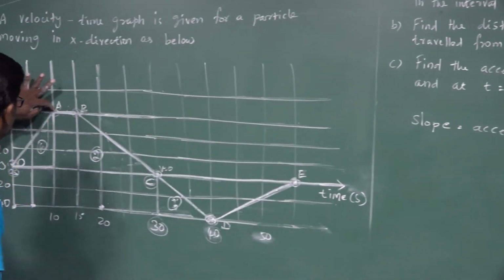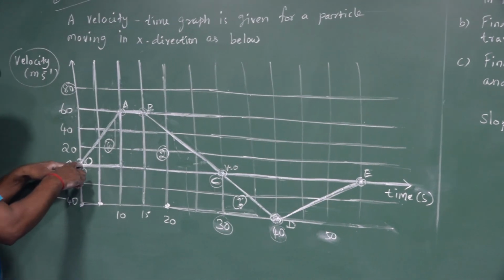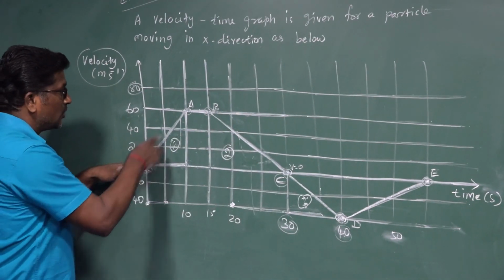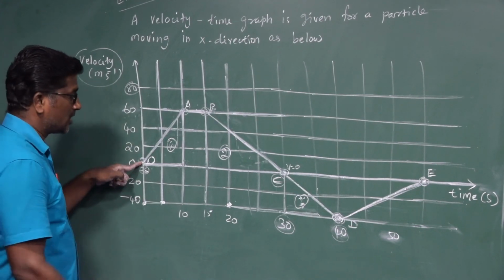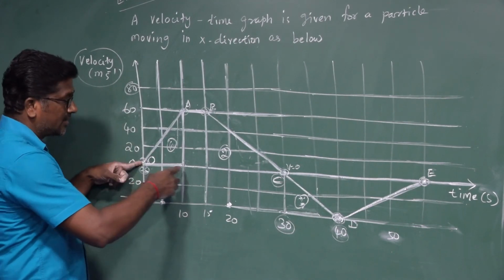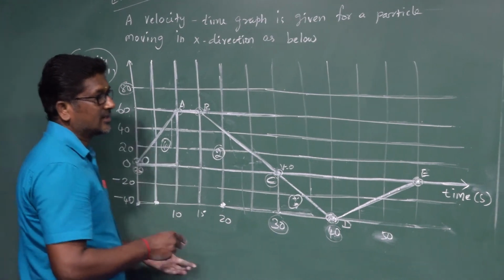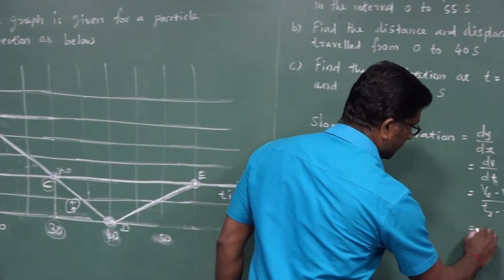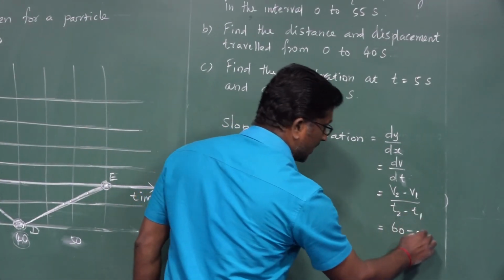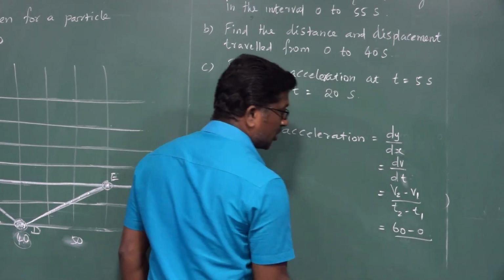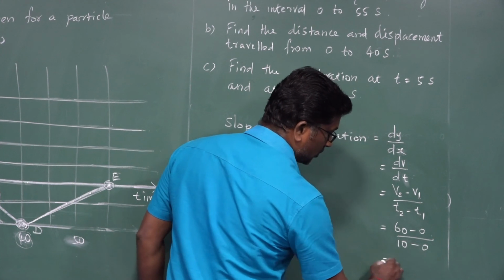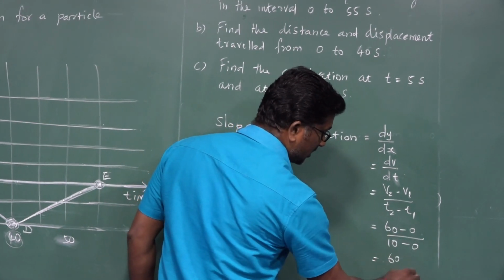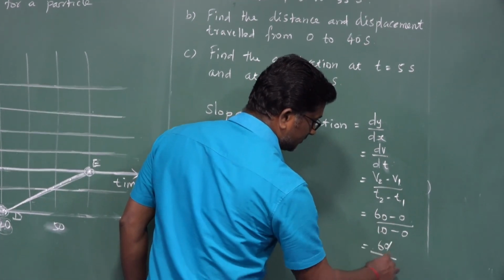So here in this slope, initial velocity, that is v1 value is 0 and final velocity v2 is 60 meters second power minus 1, right? Initial time 0 second and final time 10 second. So v2 value 60 and v1 value is 0 divided by final time is 10 second and initial time is 0. So 60 minus 0, 60, 10 minus 0, 10.